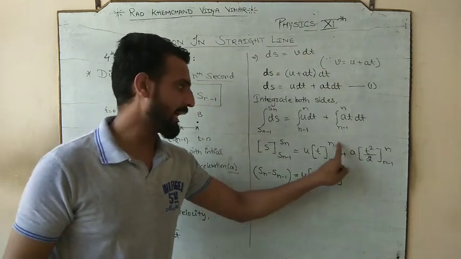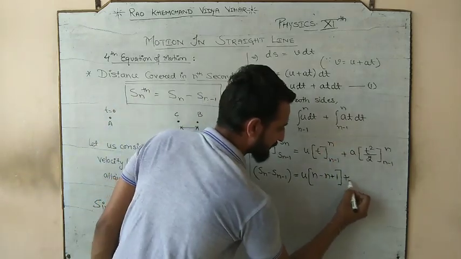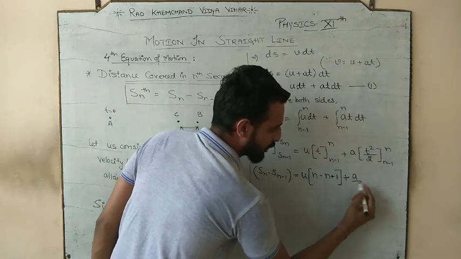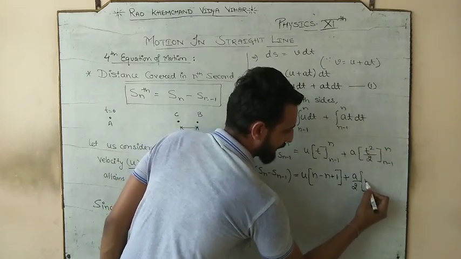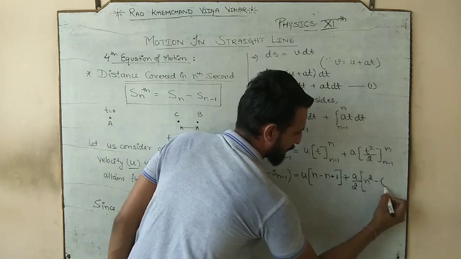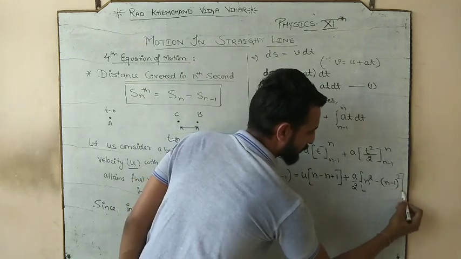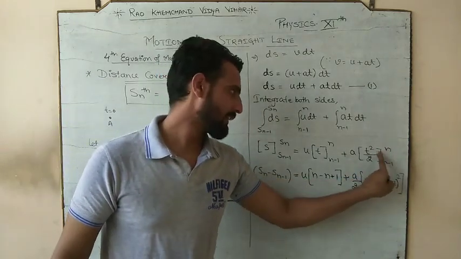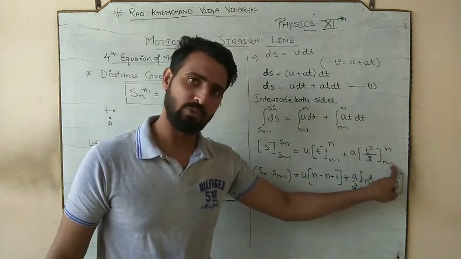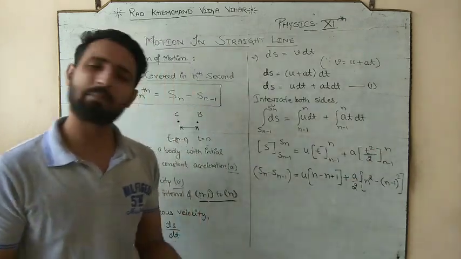Got that? Upper limit minus lower limit, plus a, I am taking 2 outside. What is left? t square. Upper limit is n, so it would be n square minus the lower limit, n minus 1 whole square. Clear? t will be replaced by n, and t will be replaced by n minus 1. But t has a power which is 2, so that will remain as it is.